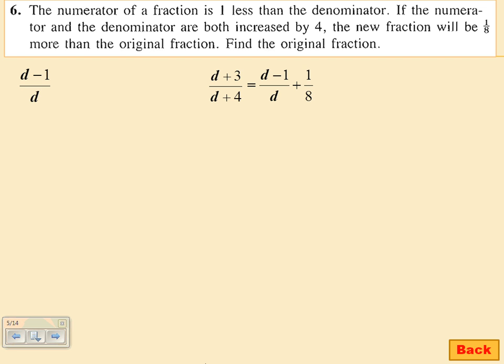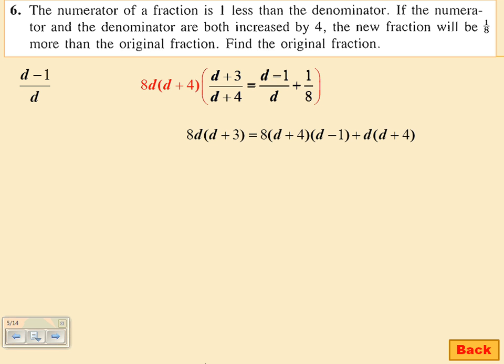To solve this, I have to multiply everything by the lowest common denominator, which is 8d times d plus 4. Once I multiply everything by the lowest common denominator, I should get this: 8d times d plus 3 equals 8 times d plus 4 times d minus 1, plus d times d plus 4.